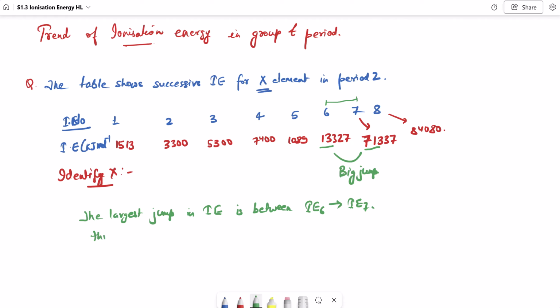This means that the 7th electron is being removed from an energy level close to the nucleus.